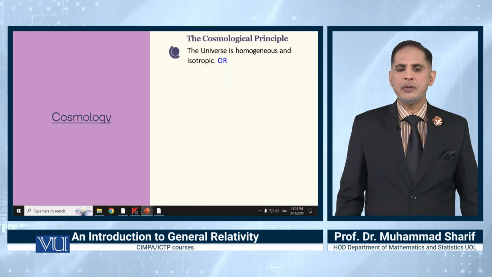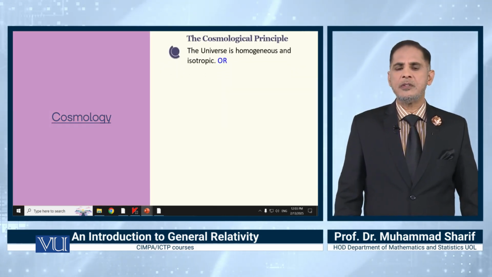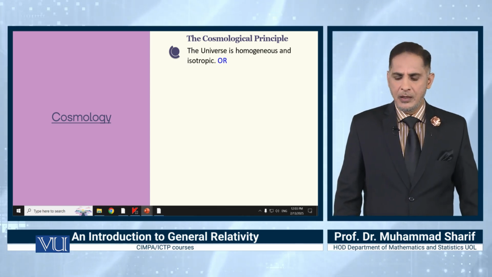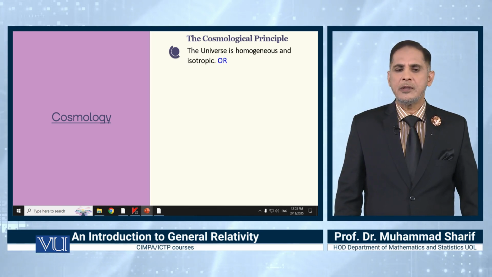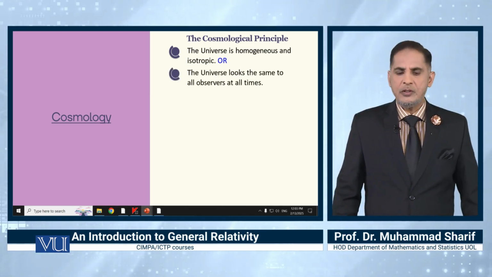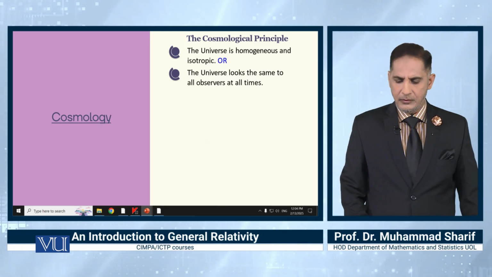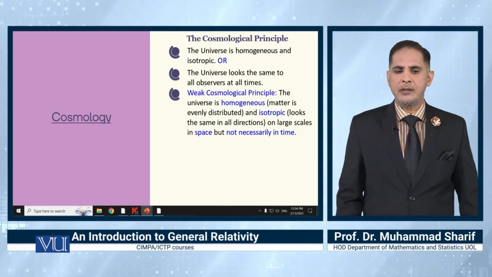Now, we come to the cosmological principle, which is in fact the combination of homogeneity and isotropy. According to this principle, the universe is homogeneous and isotropic. This means the universe looks the same to all observers at all times. So, this is a very strong argument. Now, we can give two versions of this principle.